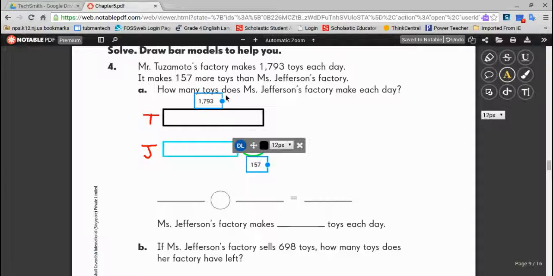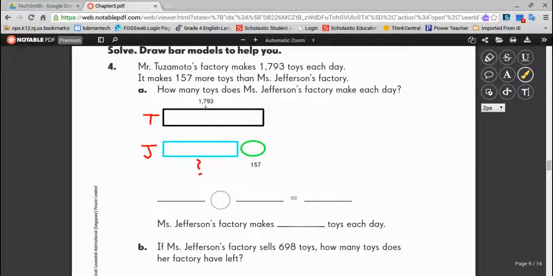Okay. How many toys does Mrs. Jefferson's factory make each day? So that's my question mark right here. Looking at this bar model, this does look like a subtraction problem because we're trying to find the difference, or we have two parts and a whole.